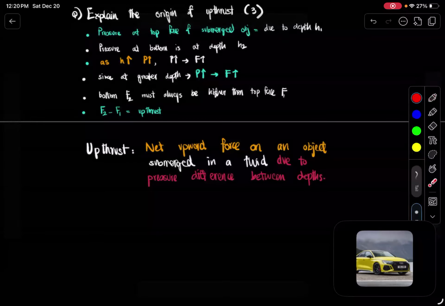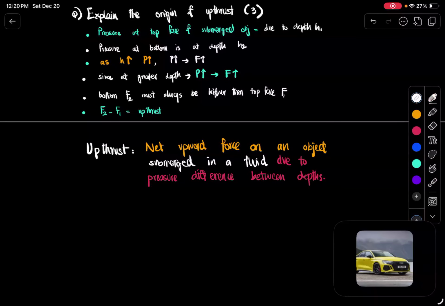Because of the different depths, there's a different pressure at the top and the bottom, and because of the different pressure, there's a different force, and because there is a difference in the forces, there must always be a net upward force.